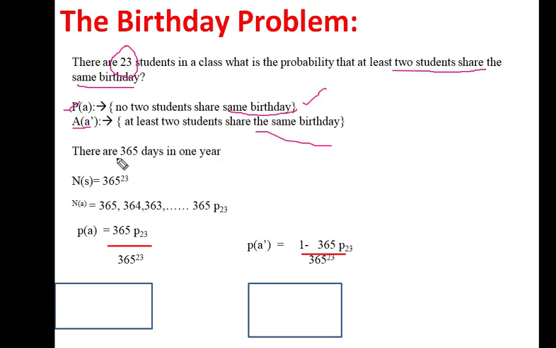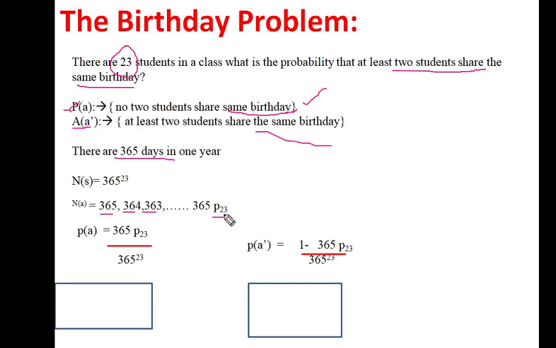So in a year there are 365 days. So take the probability as 365 to the power 23, and we have to calculate for 23 students. So we write like this: 365, 364, 363, up to 365 NPR formula, here we are using, for 23 students.